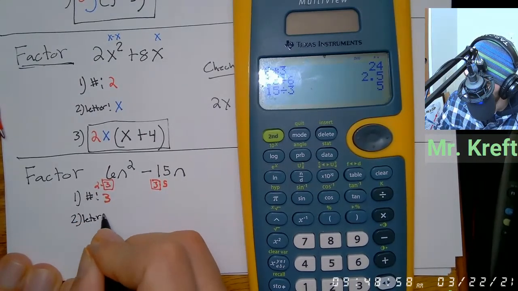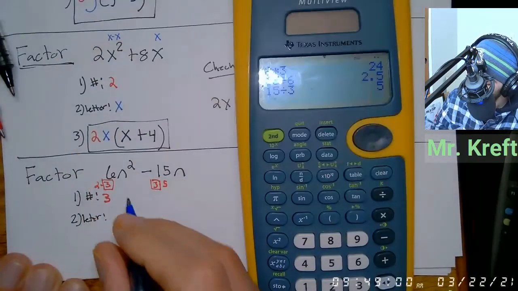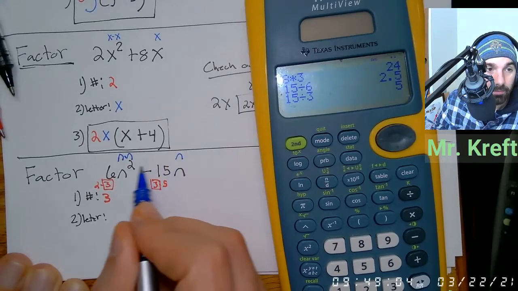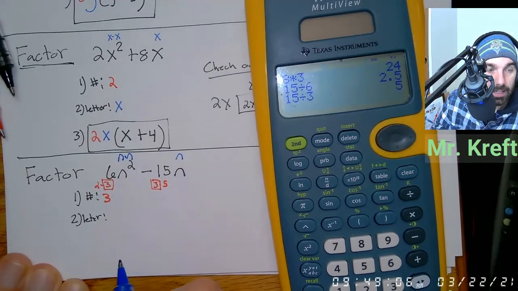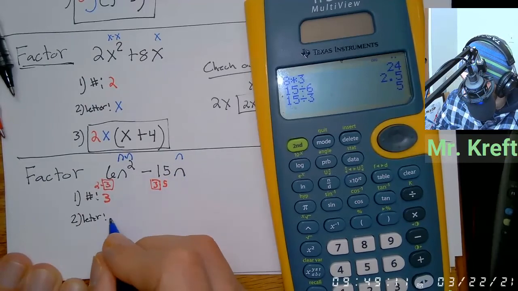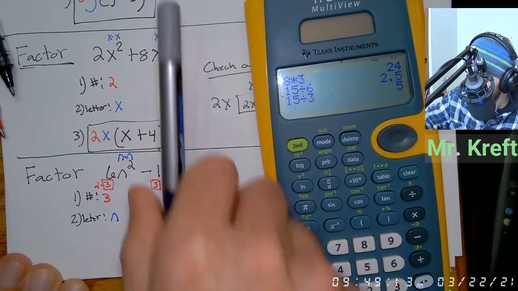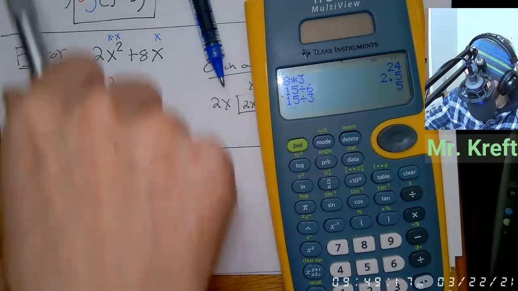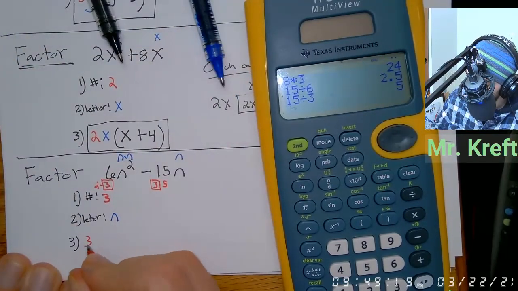Okay, so let's take a look at letters. I think that the letters was a little less exciting. So this is n times n, and this is n. So we have n times n and n. So this has 2, this has 1, so I'm only going to be able to pull out one n. Okay, and so what do we have here?